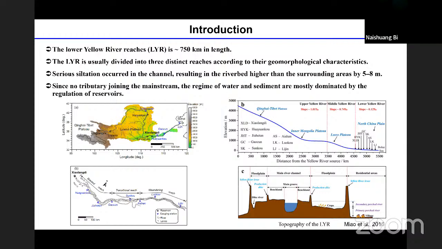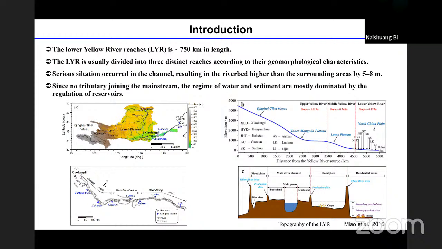From the topography of the river channel from upper to lower reaches, you can clearly see that the Lower Yellow River has a very gentle slope compared with the upper and middle reaches. As a result, serious deposition occurred in the channel, resulting in a riverbed higher than the surrounding area by 5 to 8 meters. So we call it an elevated river channel.